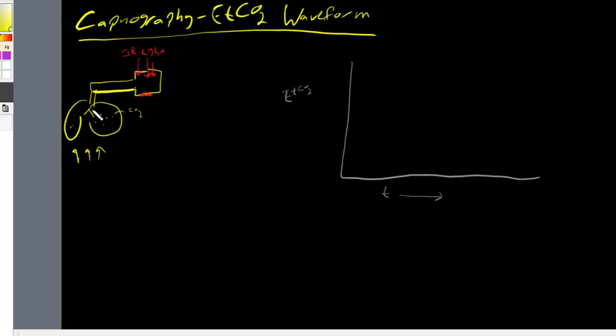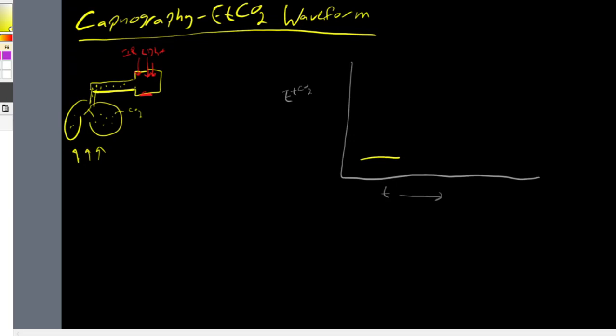Most of it is in the lungs. There's some dead space that it needs to get its way through before it makes it to the sensor. So this is, remember, the very first stage of expiration, we're just beginning to exhale. Because the CO2 has not reached the chamber, it takes time to reach the chamber, we're going to see a low end-tidal CO2 concentration. And like I said, that's because that occupies the areas of the lungs and the breathing tube and not our sensor at that moment.